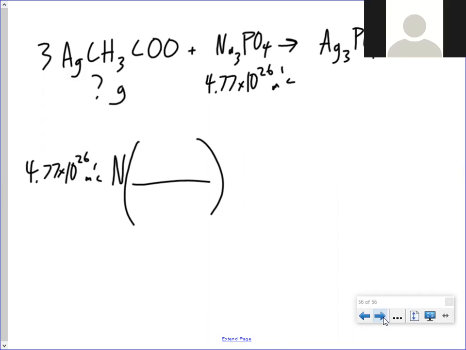Do I want molecules of sodium phosphate? Where are they going? On the block. And so I'm going to change those molecules of sodium phosphate to moles of sodium phosphate. What's my magic number?